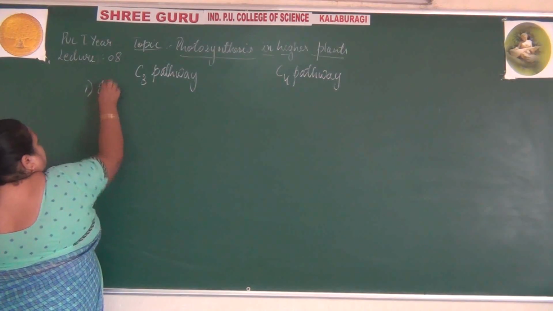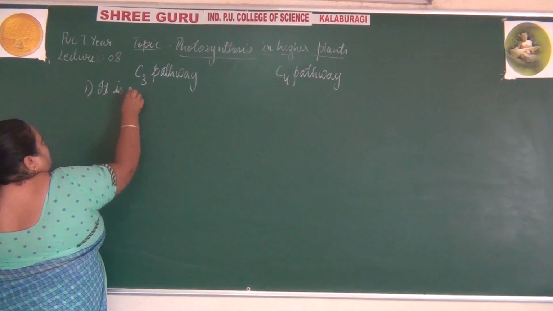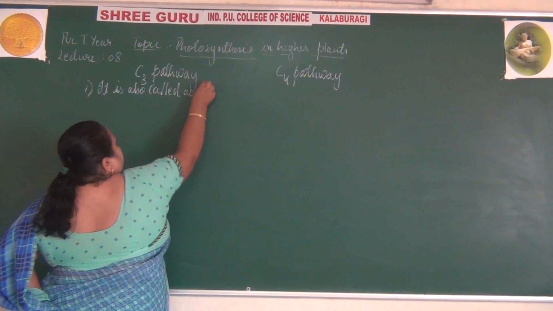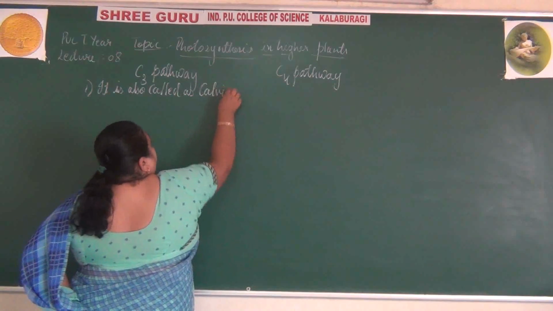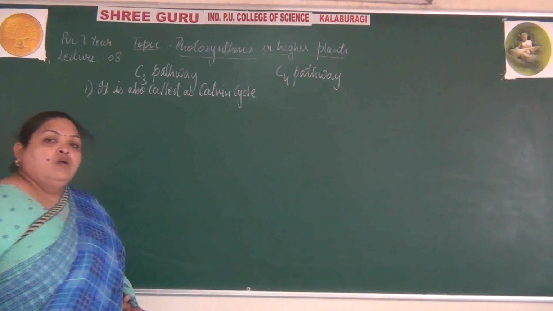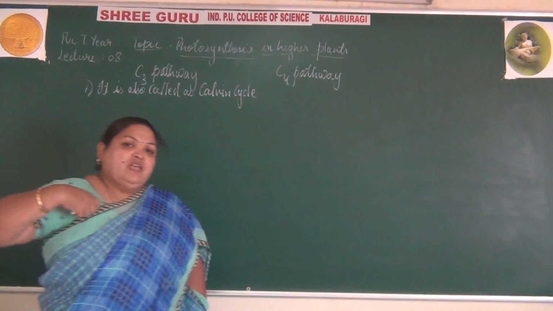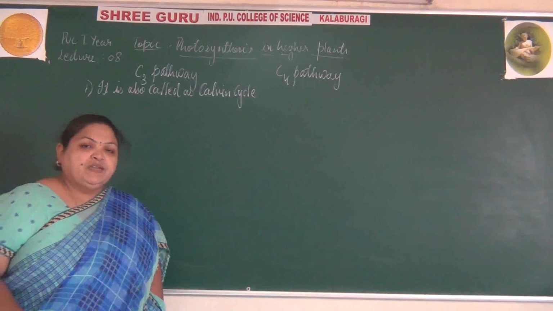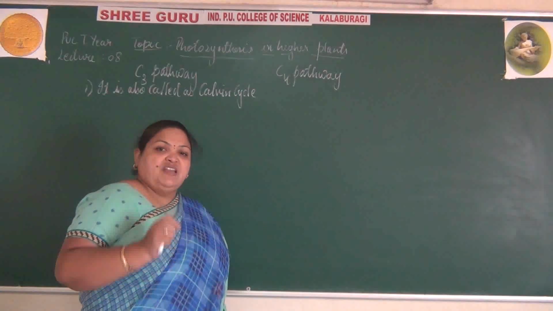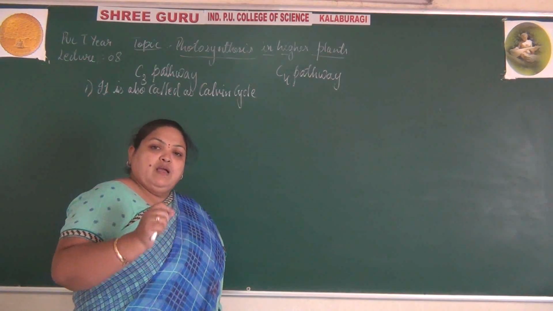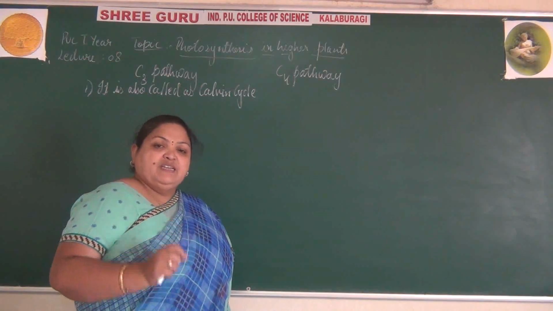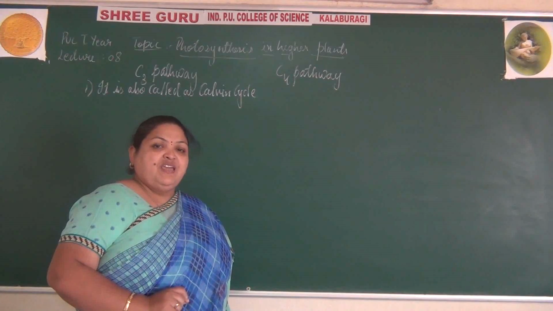Using an alga, he demonstrated this experiment and found that the first stable product is a 3-carbon compound, so it was called the C3 cycle.